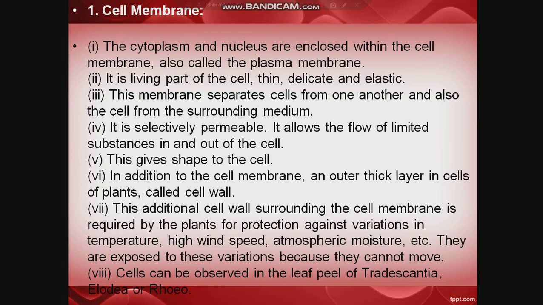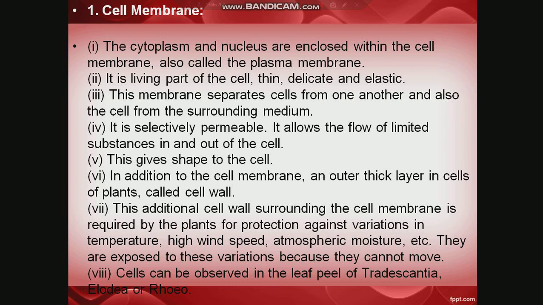The cytoplasm and the nucleus are enclosed within the cell membrane, which is also called the plasma membrane, and this cell membrane is the outermost covering of the cell in the case of an animal cell, whereas in the case of a plant cell you will have one more additional outermost covering called the cell wall, and both cell wall and membrane are collectively called the cell membrane category.